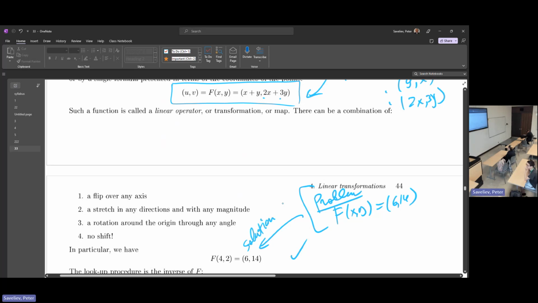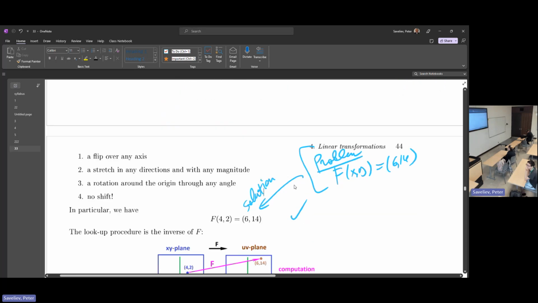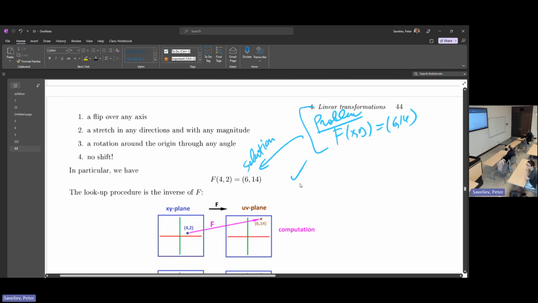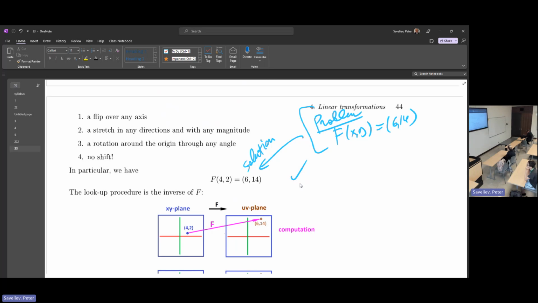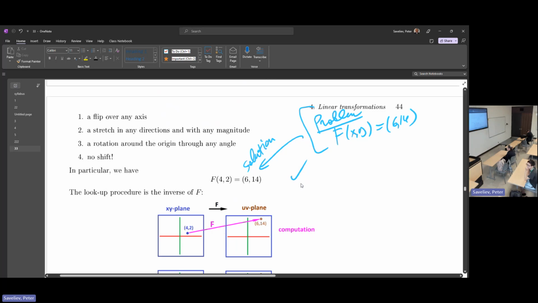So 4, 2 is the solution, and indeed, when we plug it into my function f, we get 6, 14. To visualize, if we have an xy plane, it's transformed into the uv plane, with 4, 2 going to 6, 14, which happens to be what we want. But maybe tomorrow we need a different blend, so we're not going to be stuck with 6, 14 here.